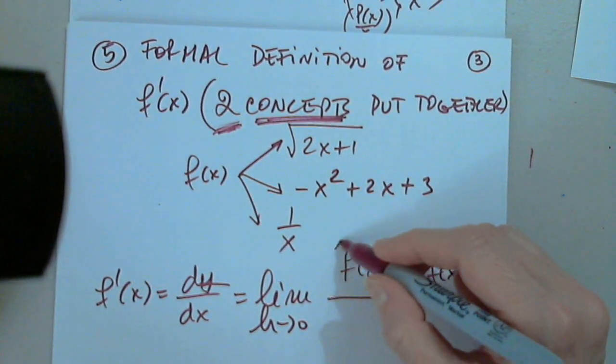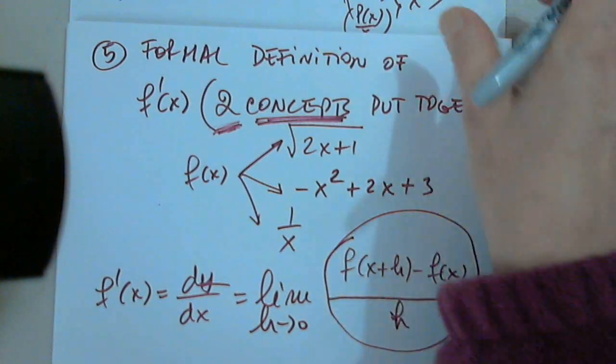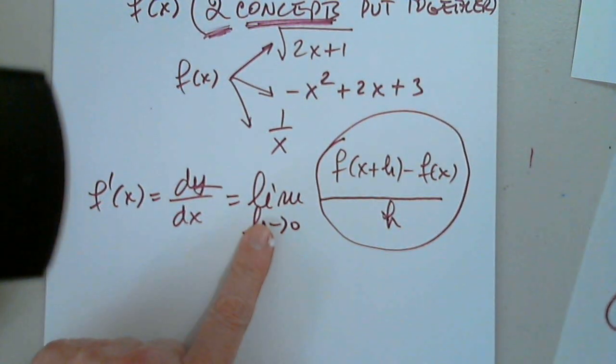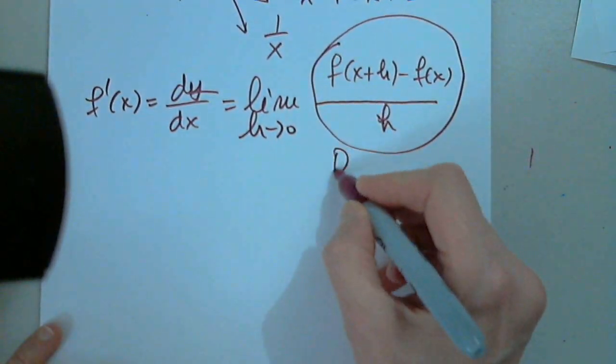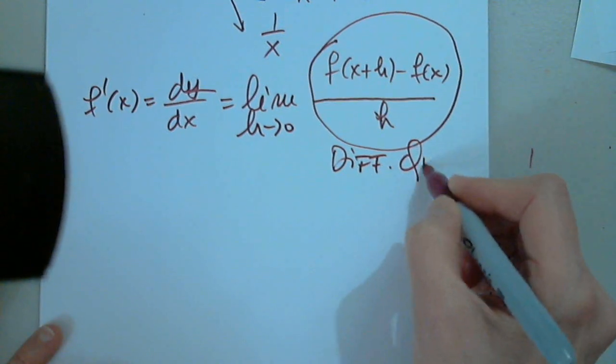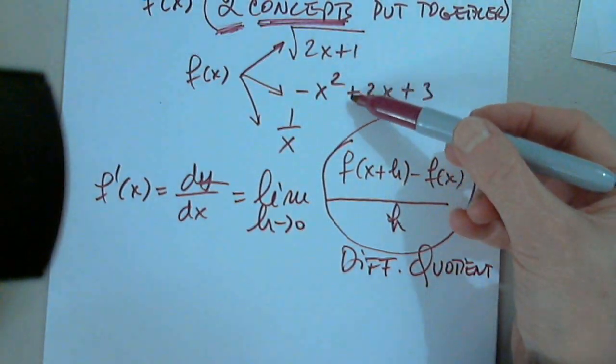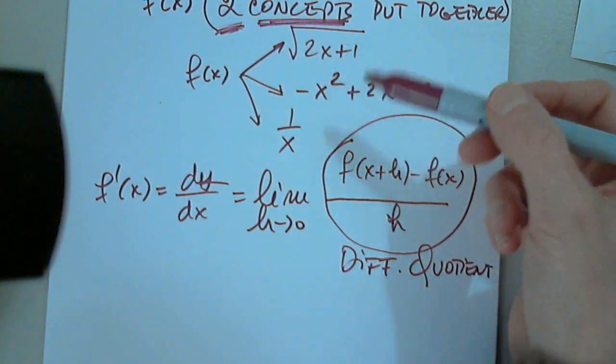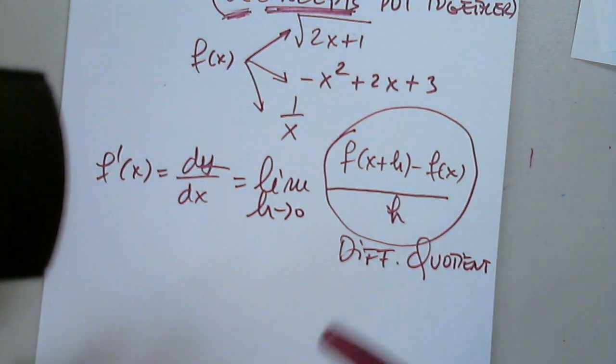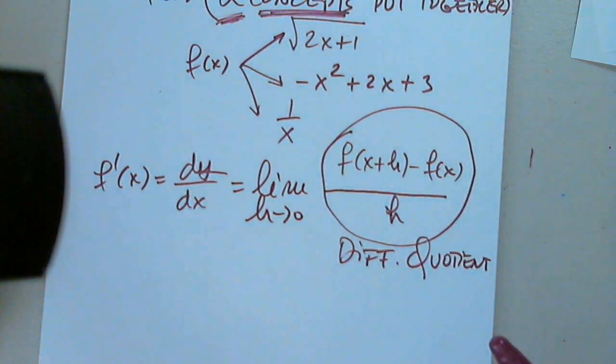Very good. So this is called the difference quotient. Excellent. Two concepts: the concept of the limit, and the other concept is the difference quotient. So you will have a question like this. We are going to work on a problem in a moment.